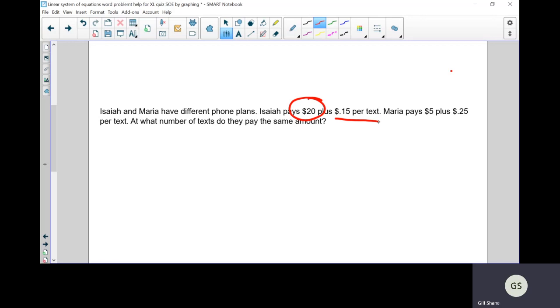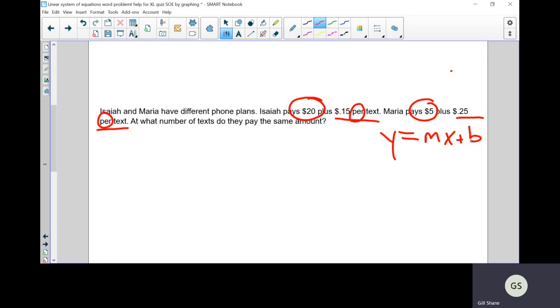And then Maria pays $5 plus 25 cents per text. So I've got an initial cost. I've got that word per in both of these two pieces, so that is my hint that it's going to probably be in this format. Mainly the initial cost value, or that one-time fee, the $20 or the $5, depending on who you're talking about.